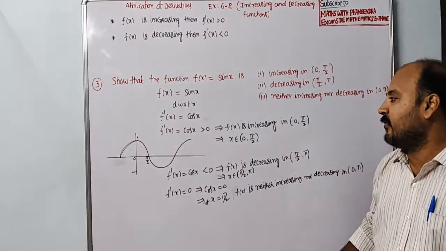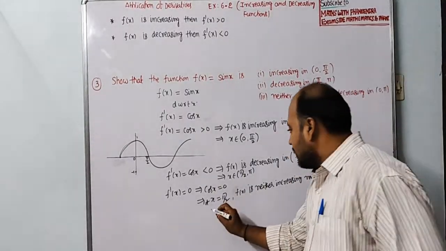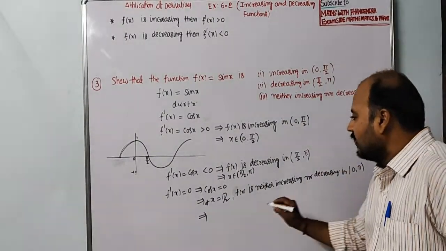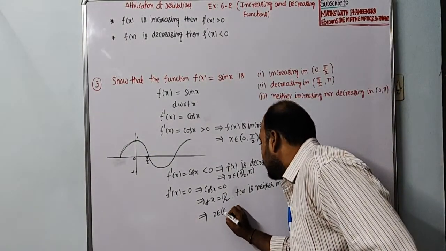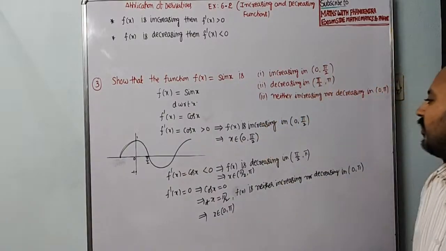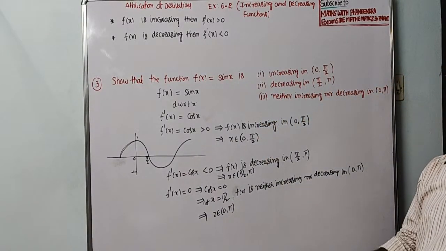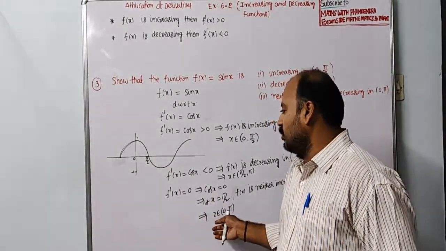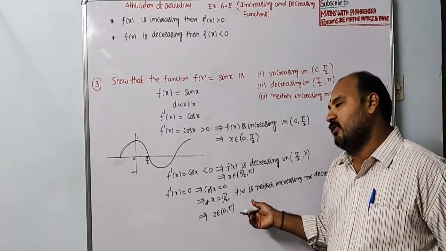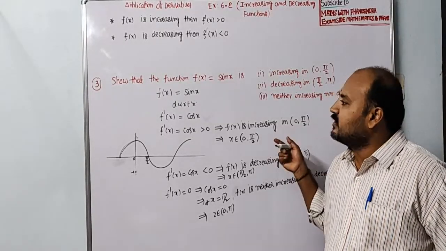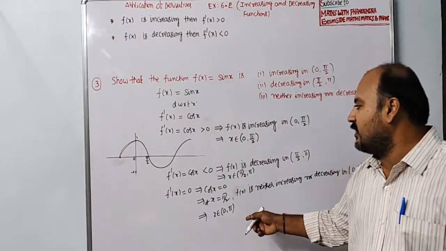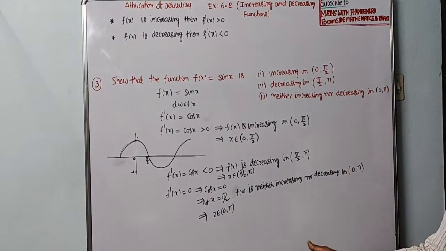Between 0 and pi, if you take cos pi by 4, it is 1 by root 2, and sin pi by 4 is also 1 by root 2. Both are the same, so how can we get that? If we take x equal to pi by 2, at that point the value is 0. F dash of x equal to 0 means it is neither increasing nor decreasing.